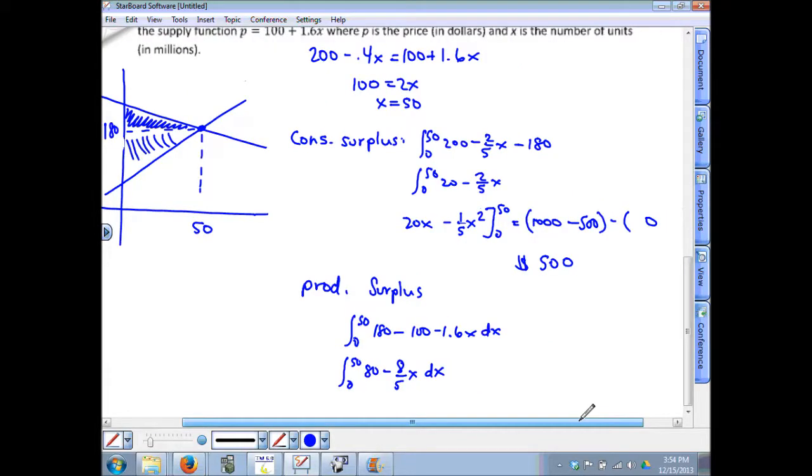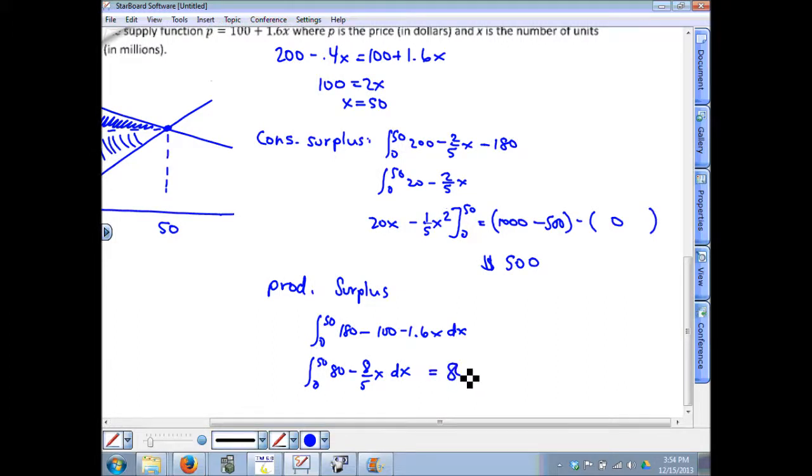The integral of that is 80x minus 8/5 x squared over 2, which is 8/10, so that's 4/5 x squared, and we need to evaluate between 0 and 50.